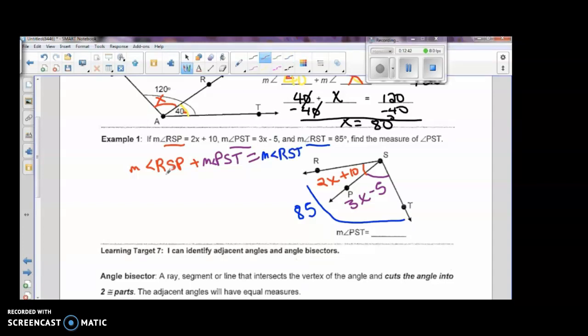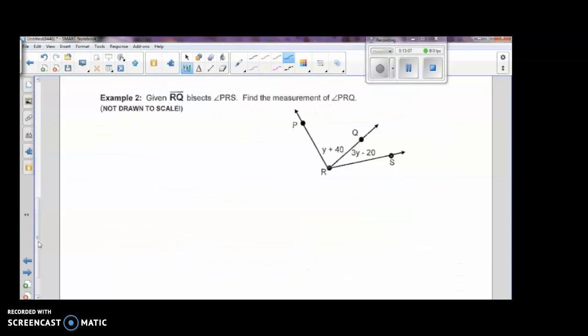See, small plus small equals the big part. So we're going to add up these expressions, 2x plus 10 plus 3x minus 5 equals 85. Now, what do we do? All right, you can solve that on your own.